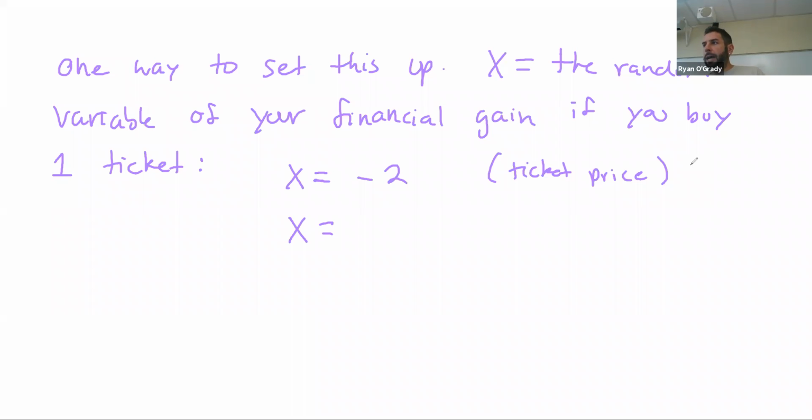Now, if I happen to win, what I've gained is $999,998. Why is that what I gained? Well, because I have my winnings minus the $2 I used to buy the ticket.